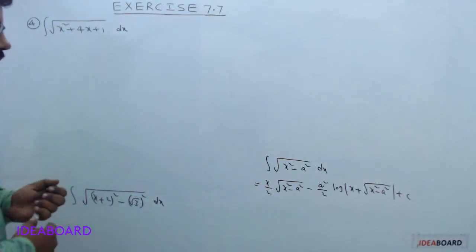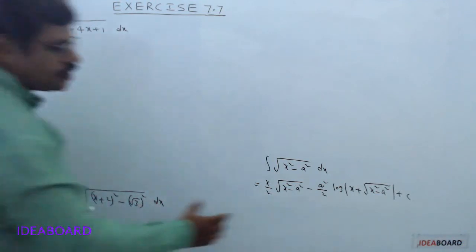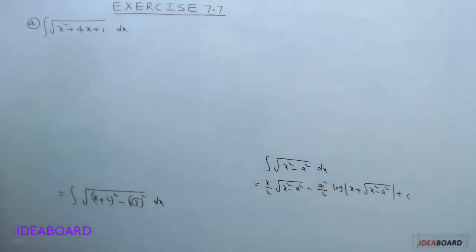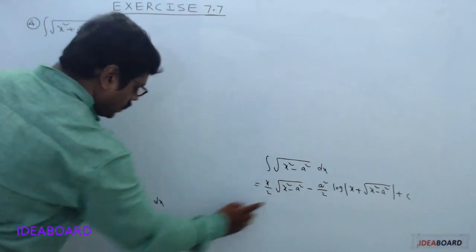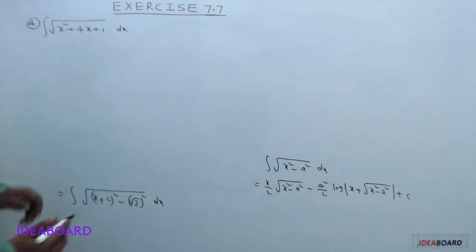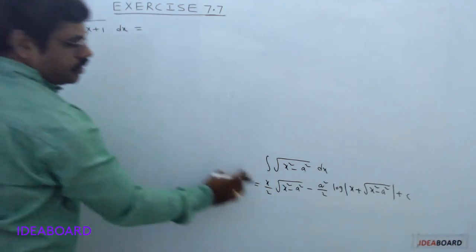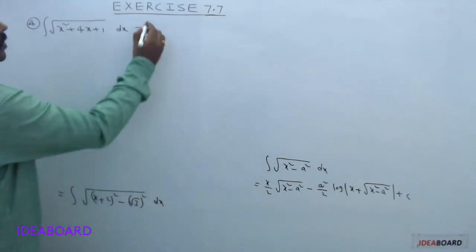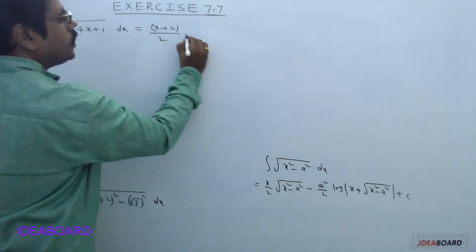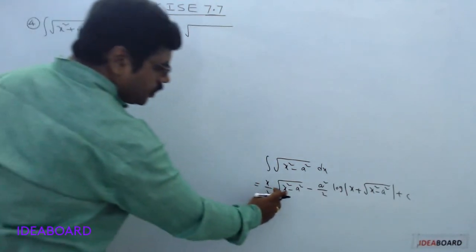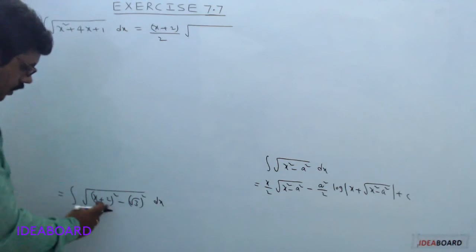Now see the continuation of this problem. Now in this formula, replace x with x plus 2 and a with root 3. So it is x divided by 2, that is x plus 2 divided by 2 into square root of x square minus a square.